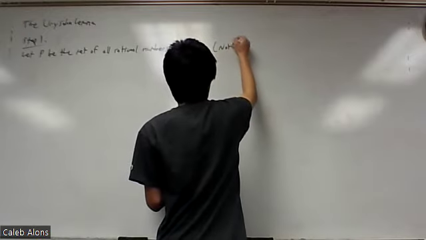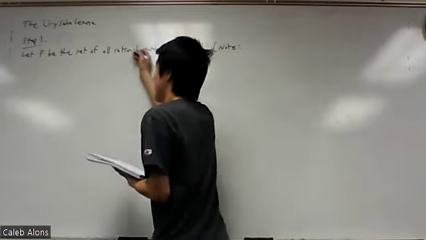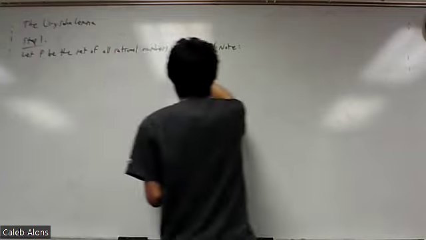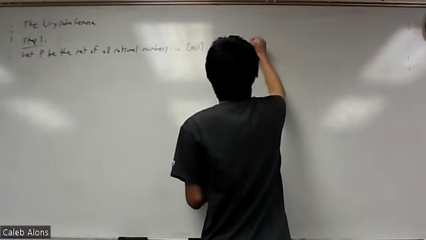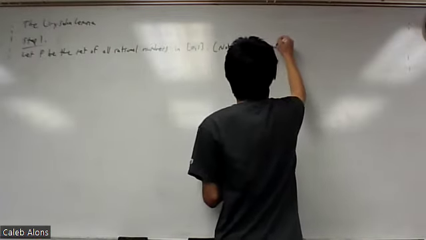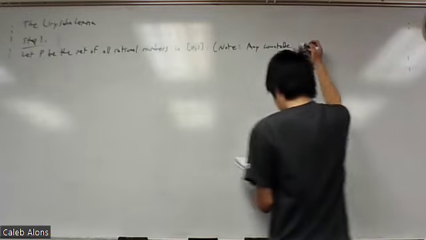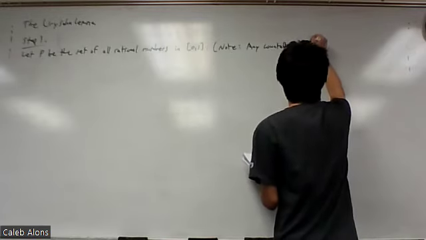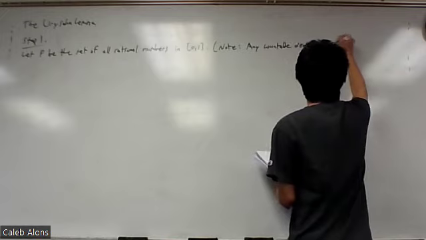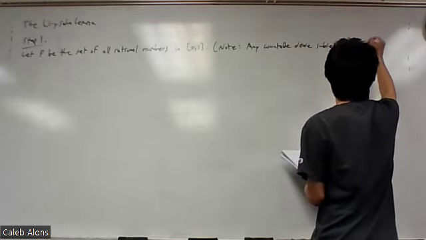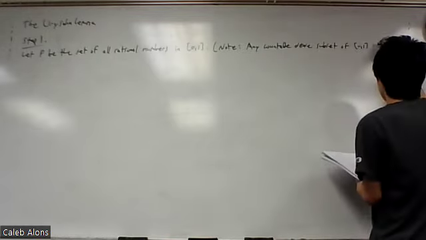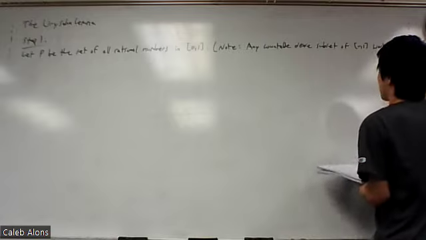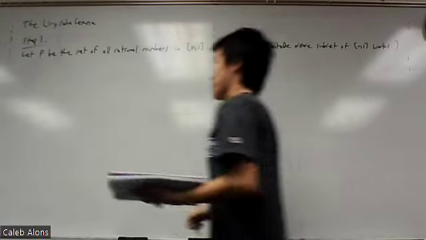Now, I will make a note here so that this choice is not necessarily seen as the only way you could do this. Any countable and dense subset of this closed interval works. So we're choosing rationals for convenience.